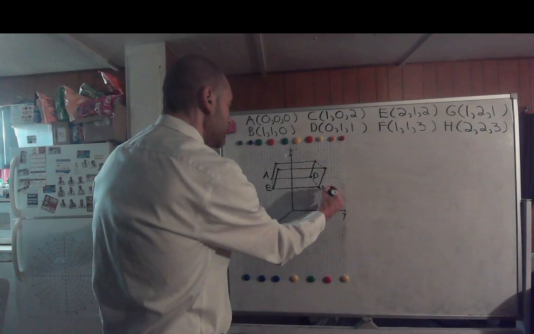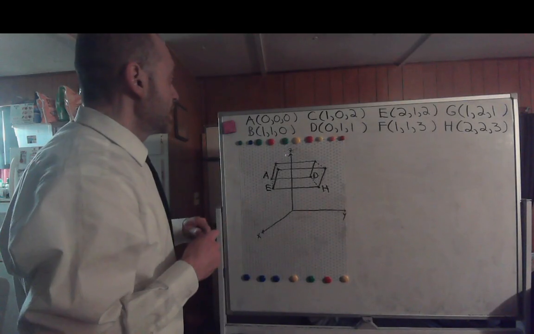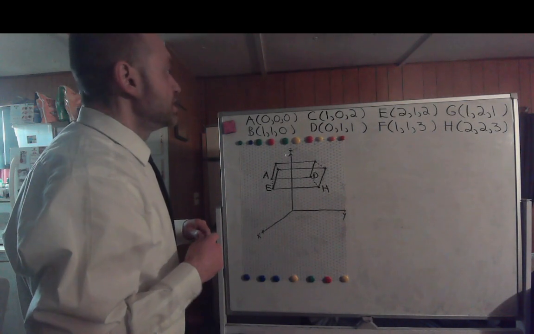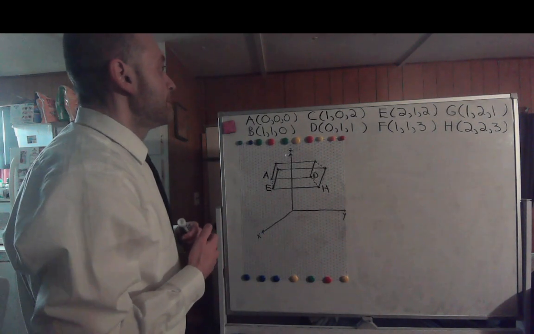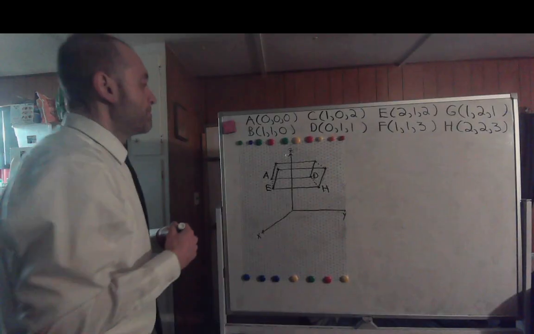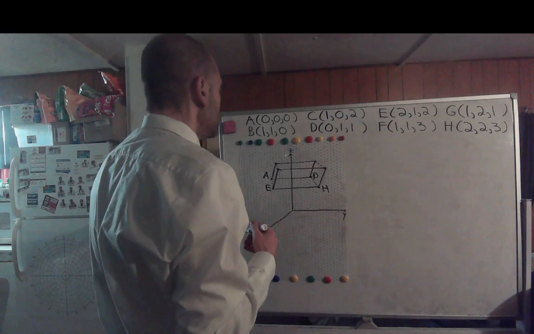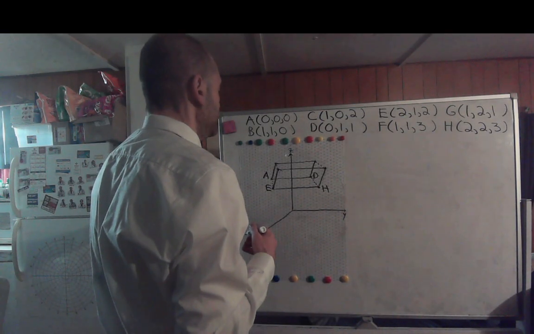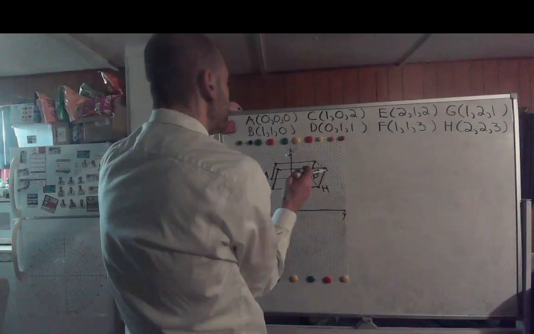H would be right here. So we're 4 of them through. Okay. So I need to deal with C. I need to deal with B, C, F, and G. B, C, F, and G. So if I pick, let's see. B, C, F, and G. Where do I want to put them?